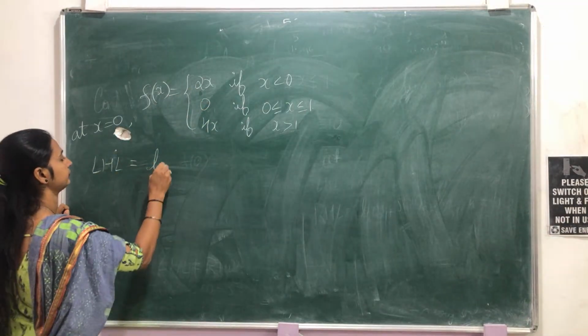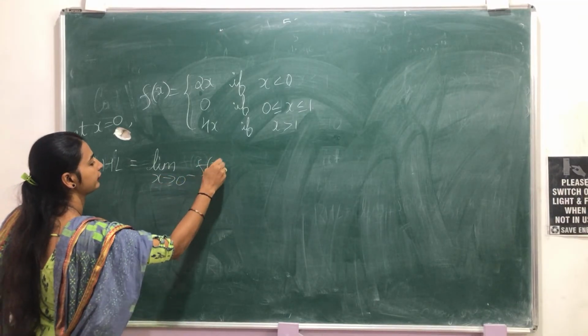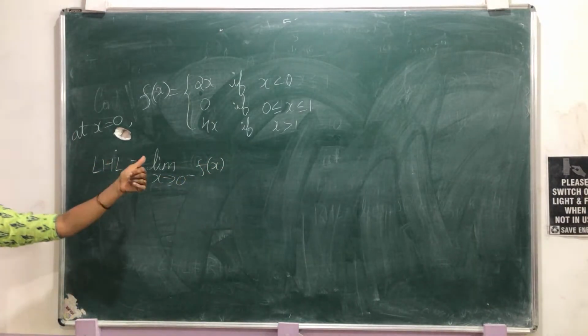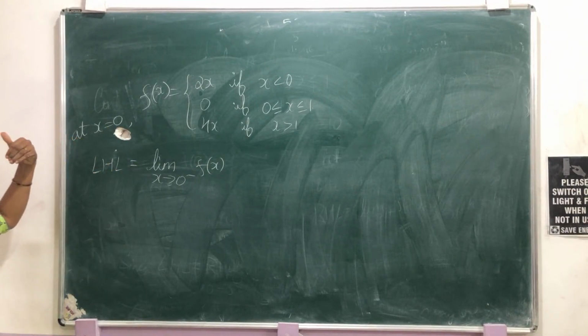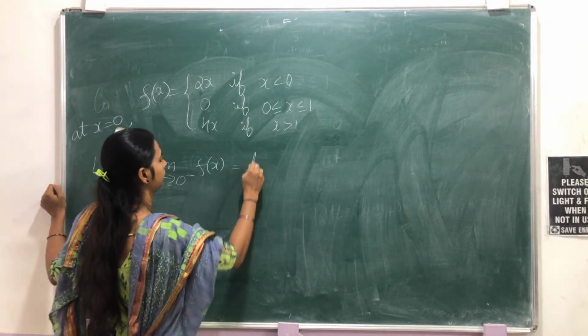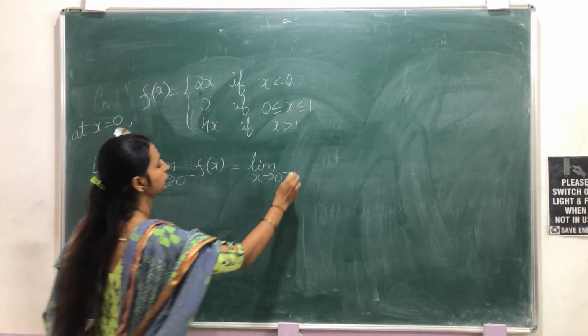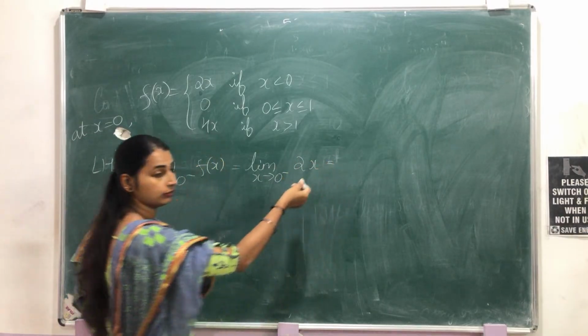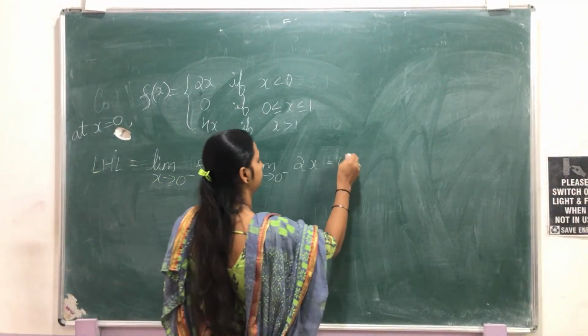It is 2x, limit x tends to 0 minus f of x. For the left hand limit we say 0 minus, which indicates the left side of 0. That is 2x, so when you substitute x as 0, we get 0.